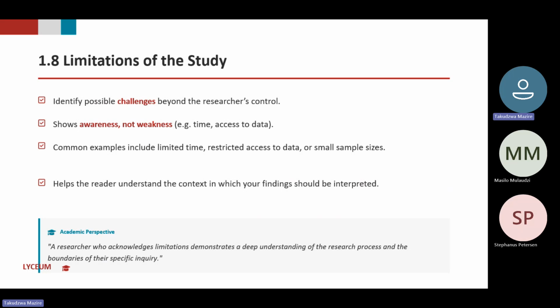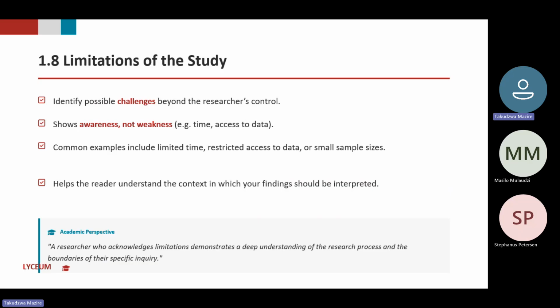Or maybe you are dealing with a sensitive topic and you can't get raw data from, let's say, SAPS, South African Police Services, because maybe they cannot release such sensitive data to you for your project. It ultimately depends also on the topic that you would have chosen.